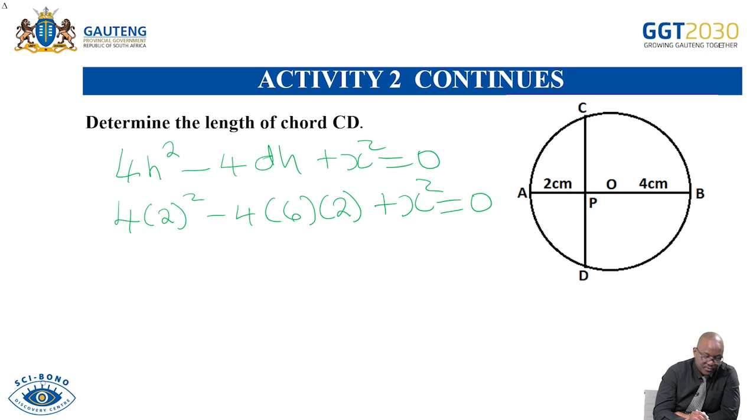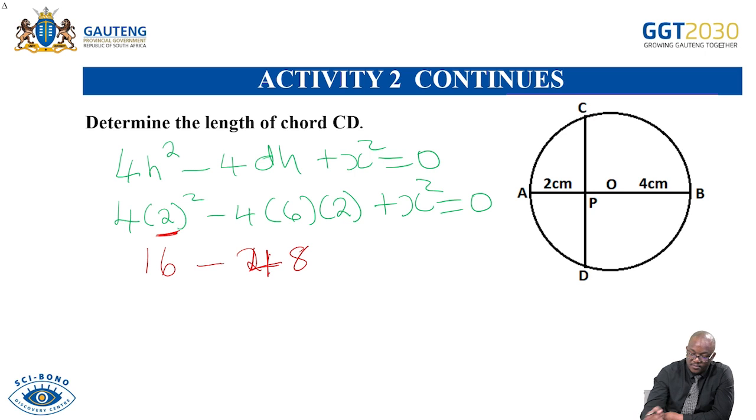Then you will have to make x the subject of the formula. So 2 squared is 4, multiply by 4, you get 16. Correct? And negative 4 multiplied by 6 is 24, and 24 multiplied by 2, you will get negative 48, if I'm not mistaken. We'll double check that.